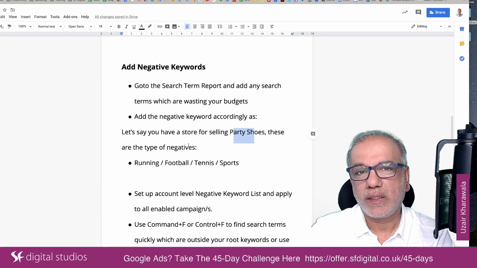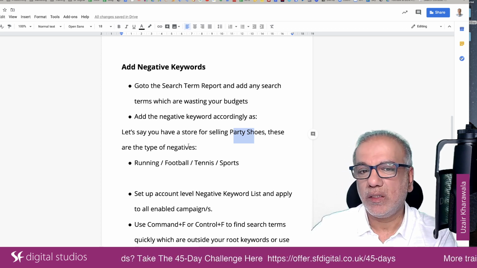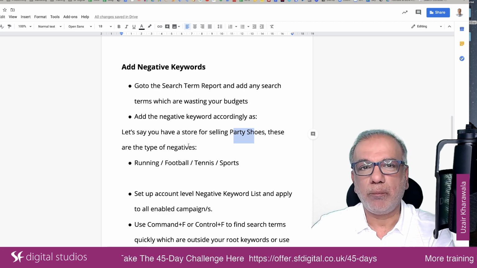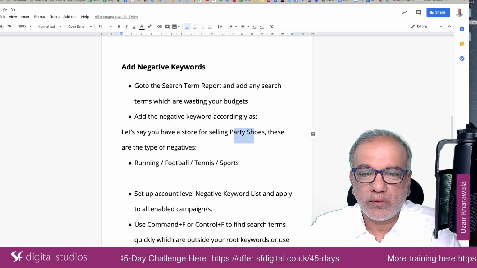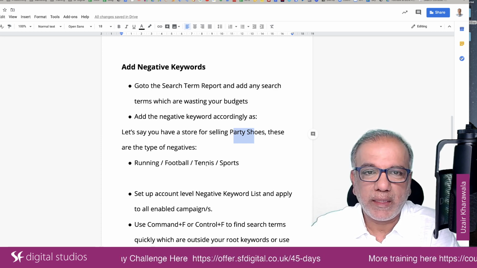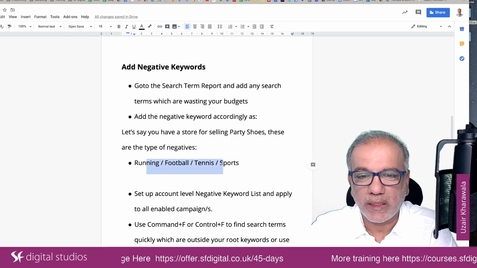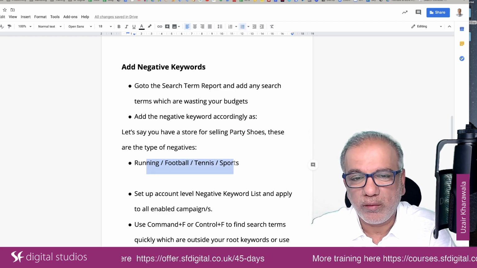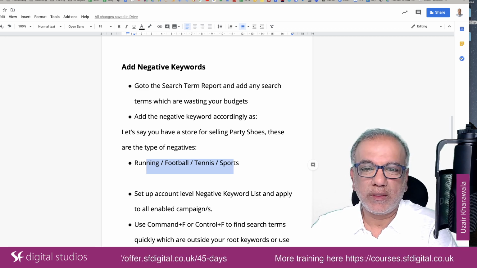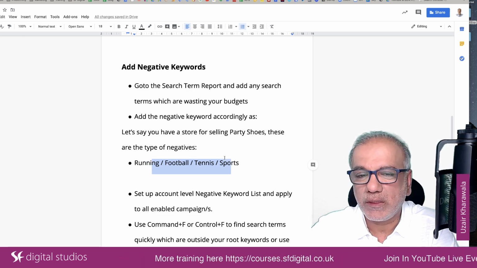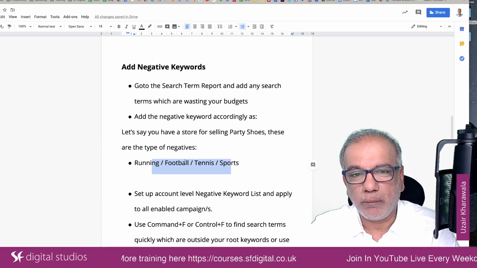The kind of negative keywords which I will be straight away putting up, even before I start my campaign, is running shoes, running, football, tennis, sports, all kinds of sporting terms, whatever sports I can think of. I'll put them all in upfront, because I don't want to wait until Google decides that, okay, the budget has been spent or wasted. In this case, put them all up.